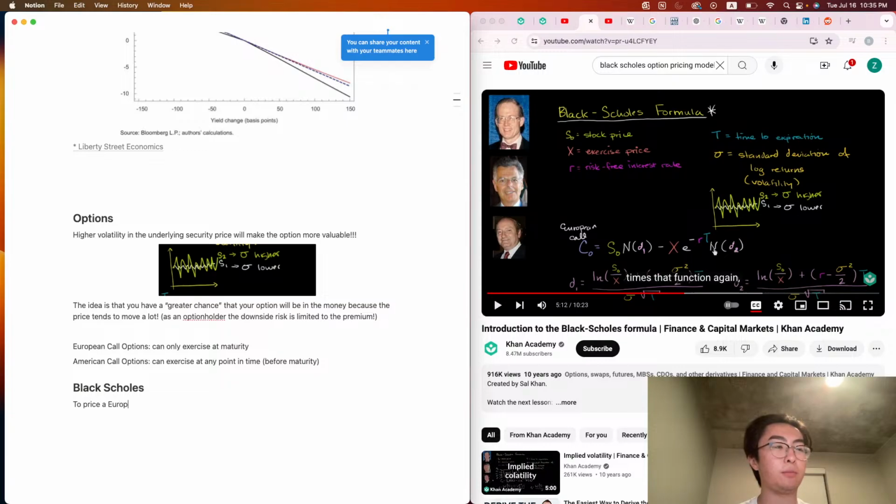To price a European call option using the Black-Scholes model, we do the following.